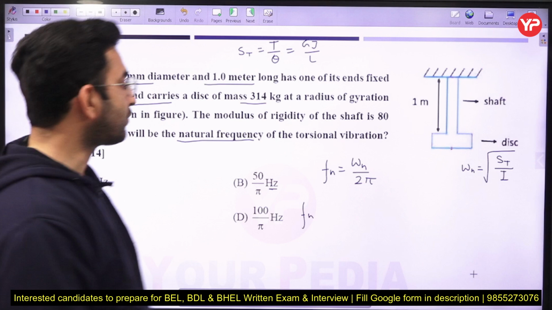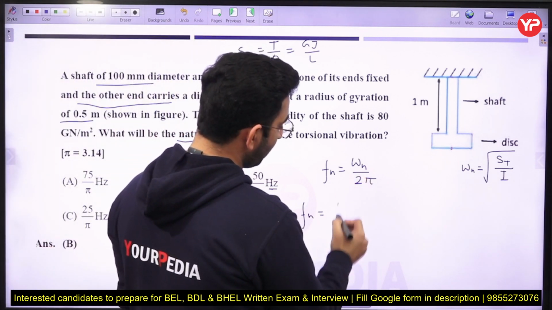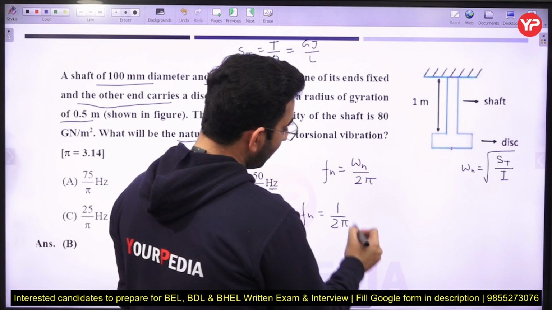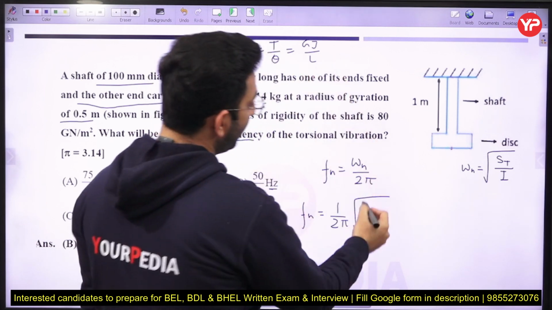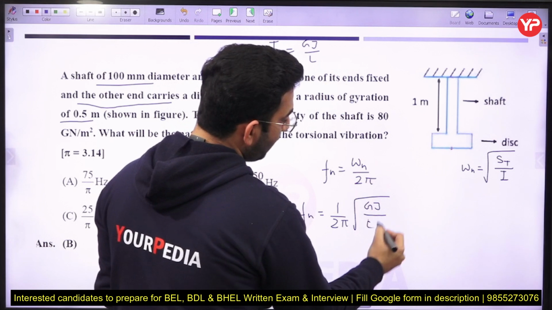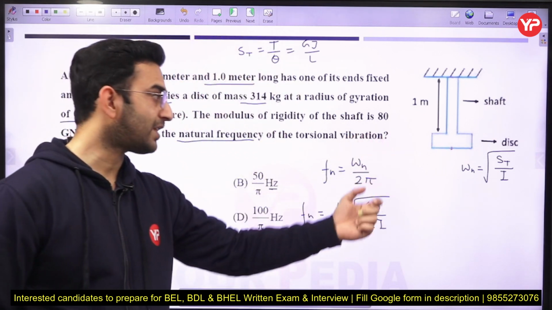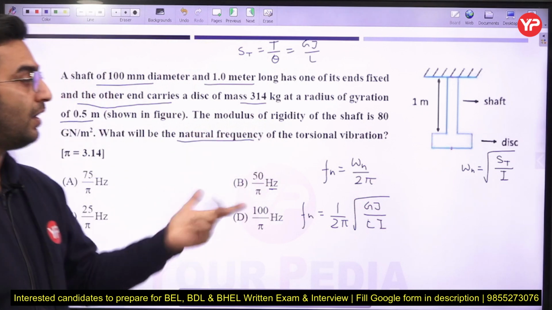So in this case, the value of omega n can be written as under root of GJ upon L multiplied by I. Okay, so GJ upon L is representing the torsional stiffness and I is representing the mass moment of inertia.